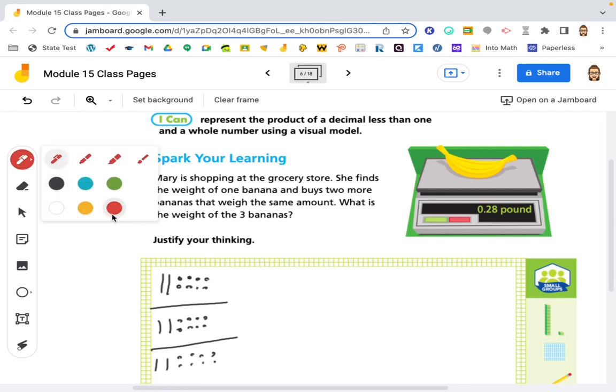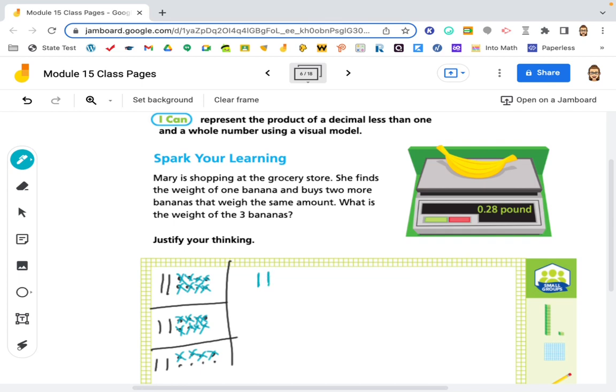So we are now going to combine. We have 1, 2, 3, 4, 5, 6, 7, 8, 9, 10. So that gives me a long. Another 1, 2, 3, 4, 5, 6, 7, 8, 9, 10 gives me another long.